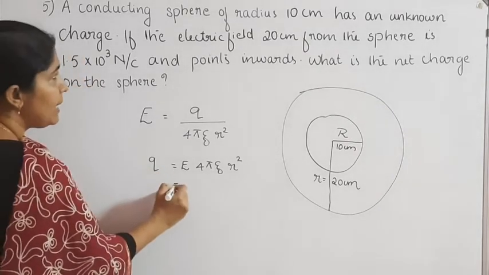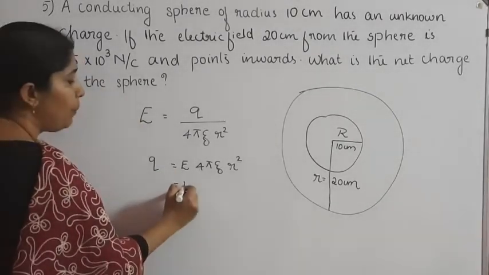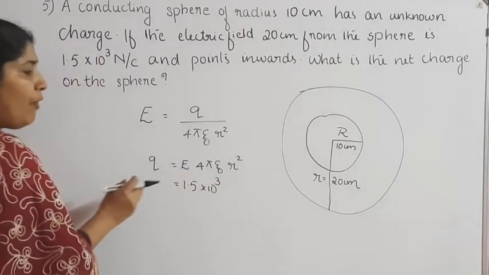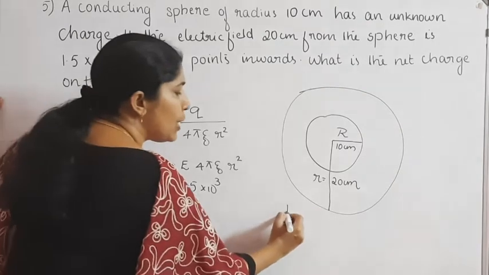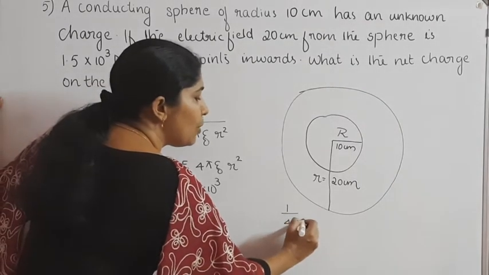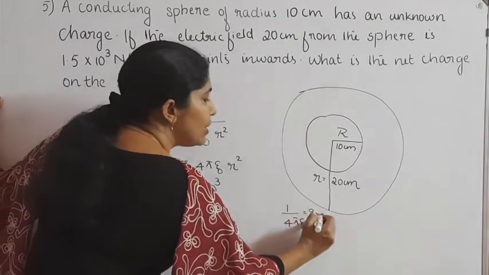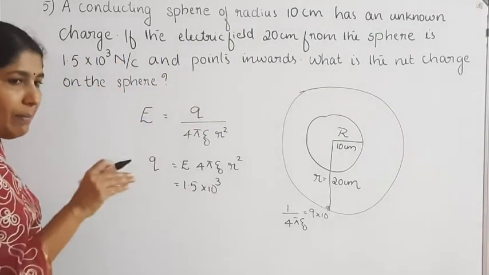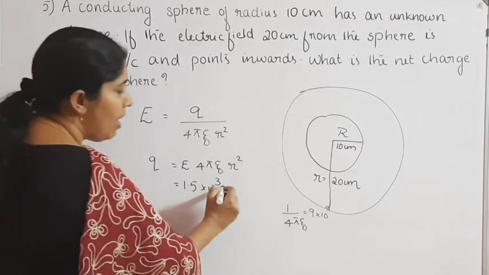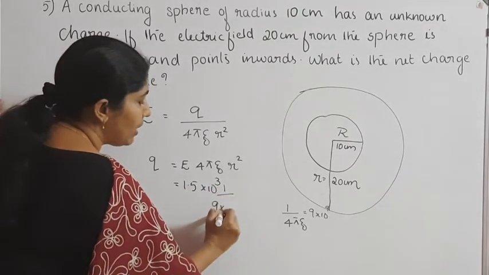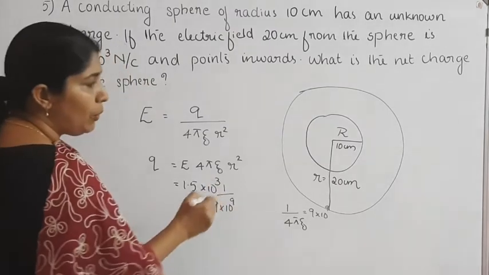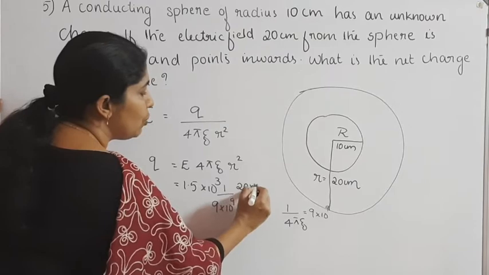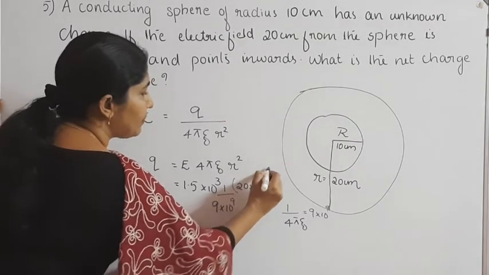E is equal to 1.5 into 10 raised to 3. What about 1 by 4 pi epsilon 0? 1 by 4 pi epsilon 0 is equal to 9 into 10 raised to 9. Then 4 pi epsilon 0 is 1 divided by 9 into 10 raised to 9, into r, where r is equal to 20 centimeter, therefore 20 into 10 raised to minus 2 the whole square.